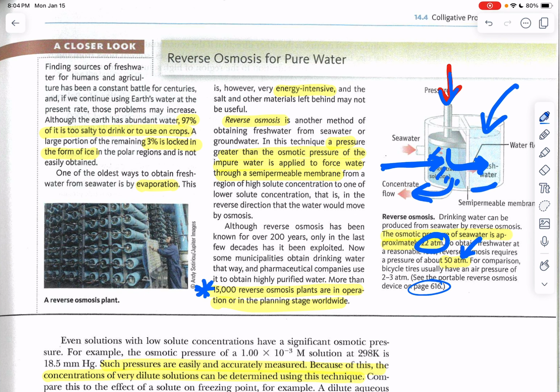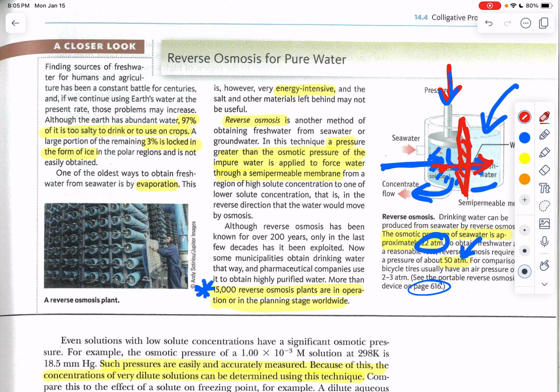The one engineering problem I should mention is that your membrane here, we want to invent better and better membranes that can withstand this high pressure. You don't want the membrane to rupture. If you're unaware that the membrane ruptures, then all the stuff on the left side is getting through the break in the membrane to the right side, and you could end up drinking contaminated or salt water.